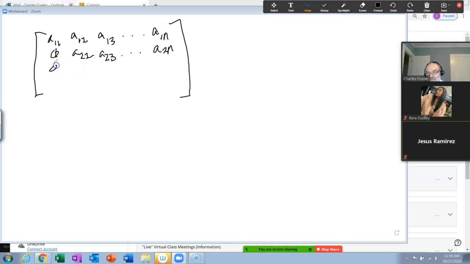Third row, 0, 0, A sub 3,3, dot, dot, dot, up to A sub 3,n. For the fourth row, I'll just dot, dot, dot down here and go to the nth row, because it has to be a square matrix. This will be a 0.